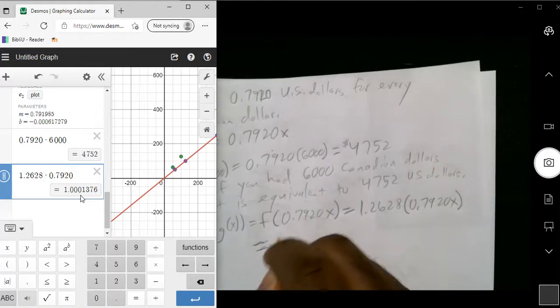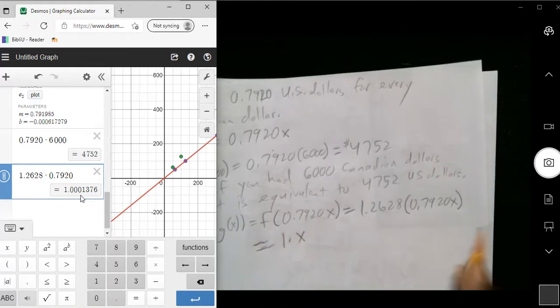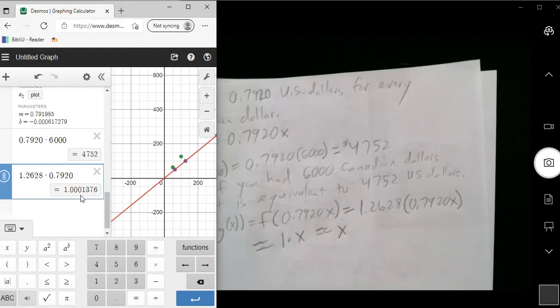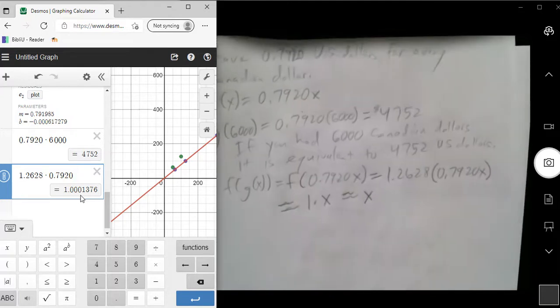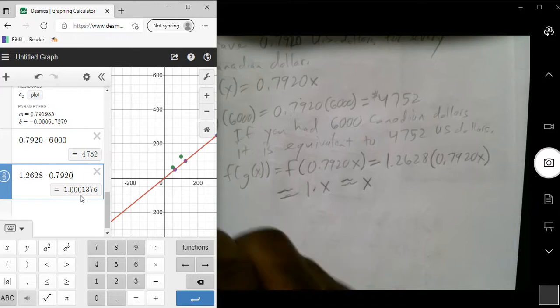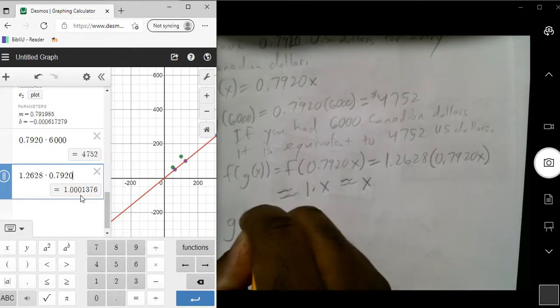So this would be approximately 1 times x. So this would approximately equal x. Does everyone follow that? Yes. Okay.